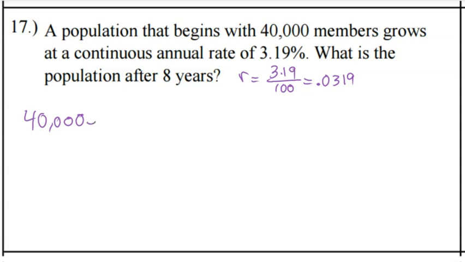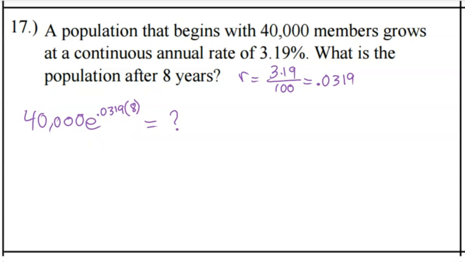So we've got our r, we've got our starting value. We know we're going to use e. So it's going to be e to the power of rate, which is 0.0319. And then it says, what is the population after 8 years? So they gave us the time, that's 8, and they're asking us for the ending value. And so this is actually pretty easy because this doesn't require any algebra at all. All we have to do is key in this calculation into the calculator.